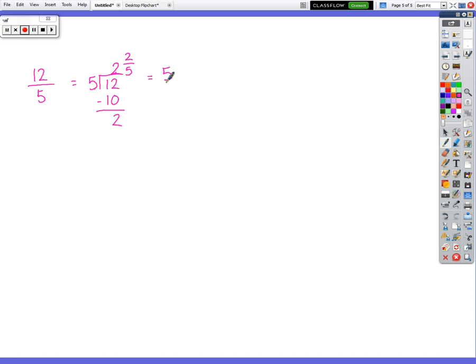So 12/5 equals 2 2/5. Sometimes, not a lot, you might subtract and get a fraction like 3/9. If that's the case, we know 3/9 is not in simplest form, so we have to take it a step farther and put it into simplest form.